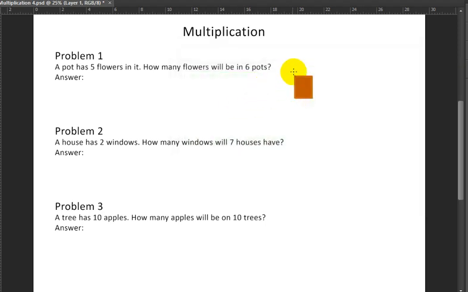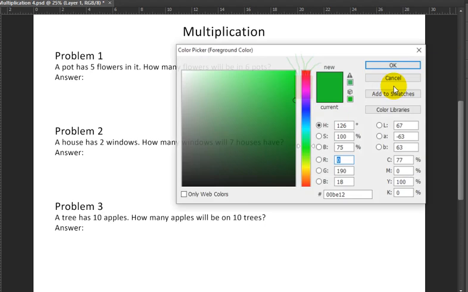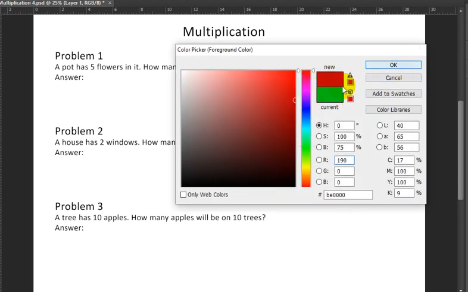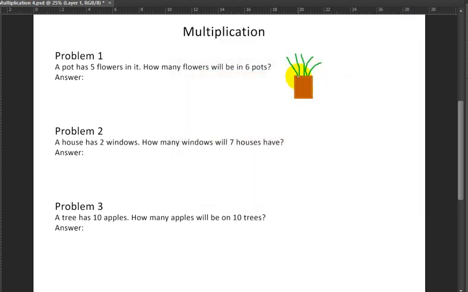So here we have a pot, and we know that it has 5 flowers in it. So 1, 2, 3, 4, 5. Right? We're being asked how many flowers will be in 6 pots.